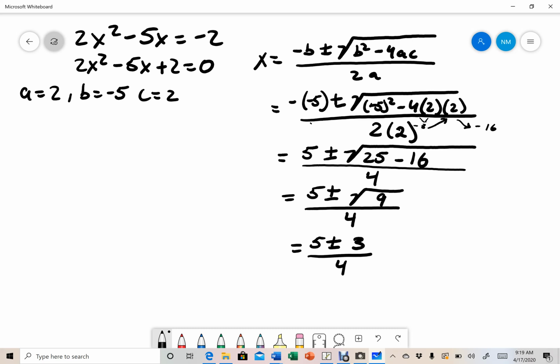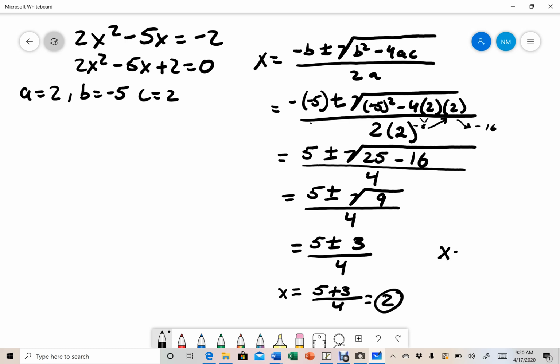From here, I'm going to have two answers, because I've got 5 plus 3 divided by 4 and then 5 minus 3 divided by 4. So I need to solve for both of these. So x equals, let's do plus first. 5 plus 3 is 8, divided by 4 is 2. So x equals 2. That's my first number.